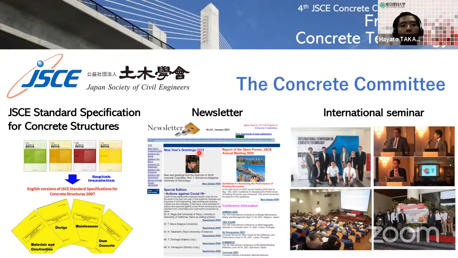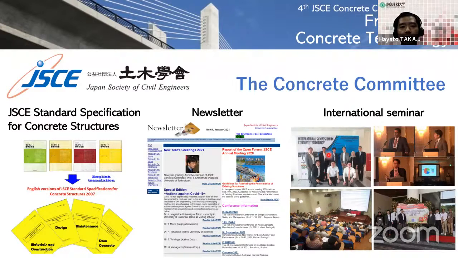We are disseminating information using newsletters like this. These letters are distributed 3 times a year, and you can get the recent activities, including research activities and public relations. International seminars are also held once a year.